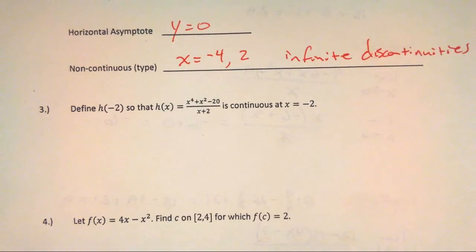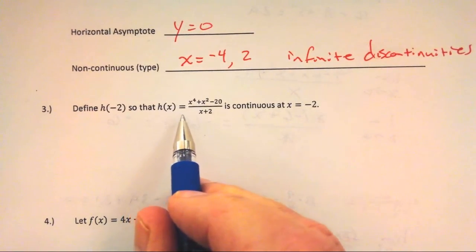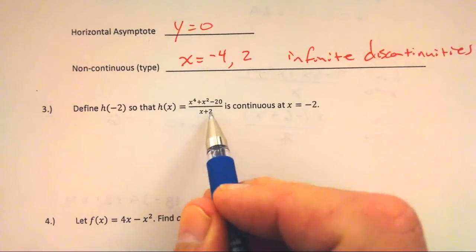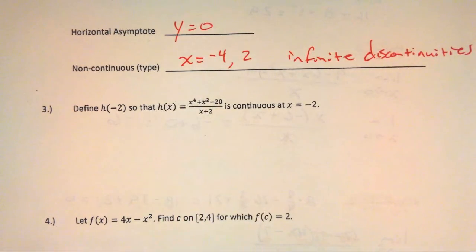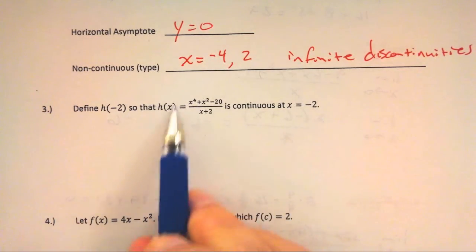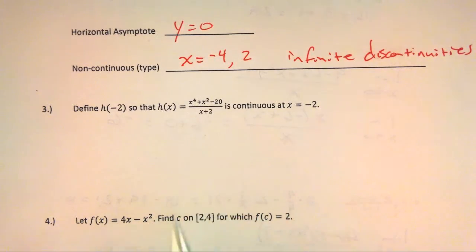Okay, define h of -2 so that h of x, this guy, is continuous at -2. Well, h of x is most definitely not continuous at -2 right now. We've got -2 giving us a vertical asymptote at least, if this doesn't factor. So we've got to figure out, is there a hole, is there an asymptote?